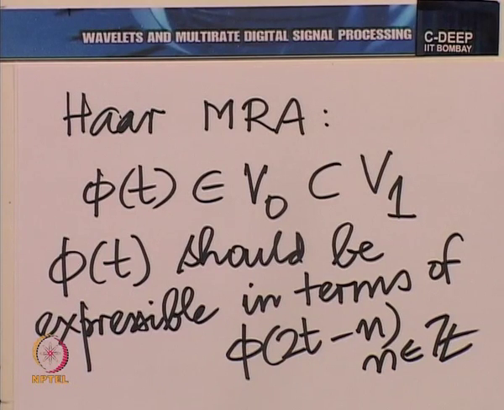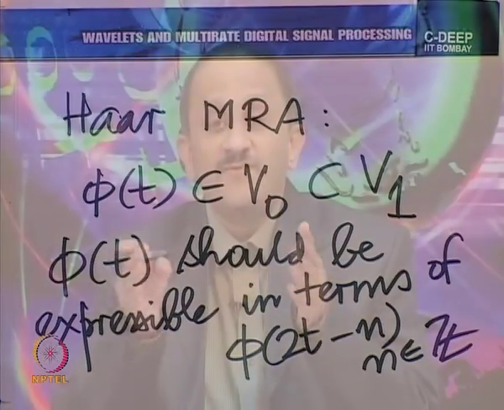It should be expressible in these terms. It is very interesting. Phi t is an element of V 0, V 0 is a subspace of V 1 and the basis of V 1 is again the dilates of phi t by a factor of 2 and their integer translates. So, phi t can be expressed in terms of its own dilates and translates. This leads to what is called a recursive dilation equation on phi t.